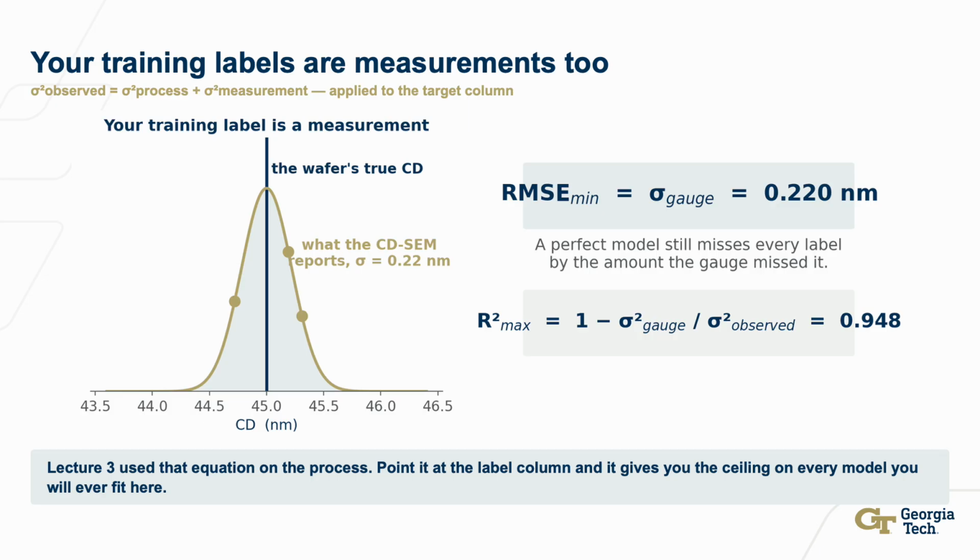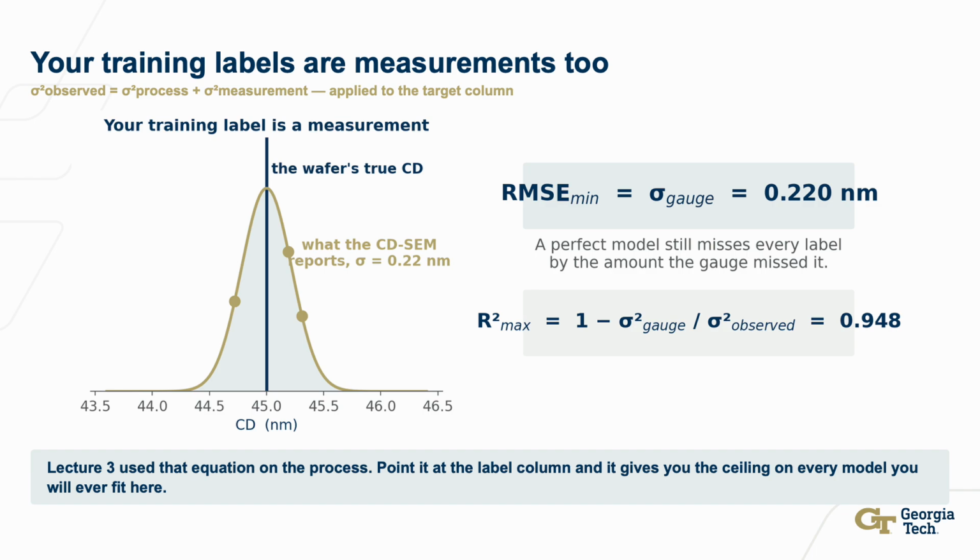The navy line is the wafer's true CD, whatever it physically is. The gold curve is the CDSEM, what the CDSEM reports when you measure the wafer. Sigma of 0.22 nanometers, which we established in the gauge R&R study. 3 gold dots, 3 measurements of the same wafer landing in different places.